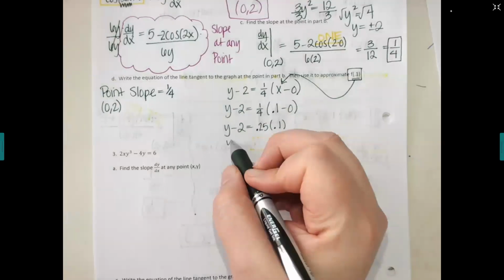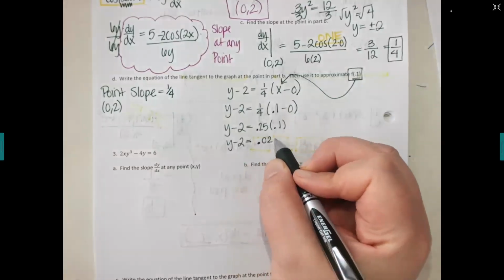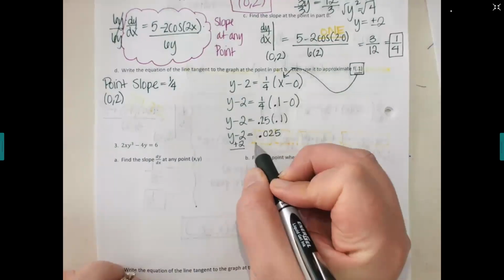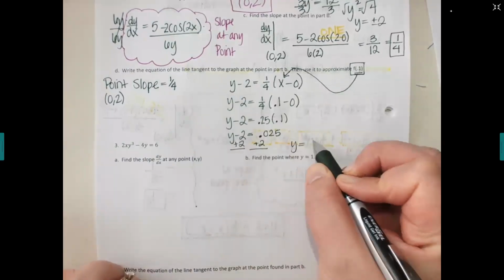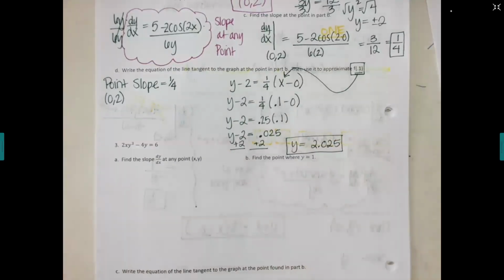So this is going to be y minus 2 equals 0.25 times 0.1, which is 0.025. So the times 1, the number stays the same, but you just bump the decimal one spot forward. And then from there, how do I get rid of the minus 2? Plus 2. So it'd be y equals 2.025. So you should be able to write the equation of a tangent line. Then you should be able to plug in whatever value they say. Okay. Got it?